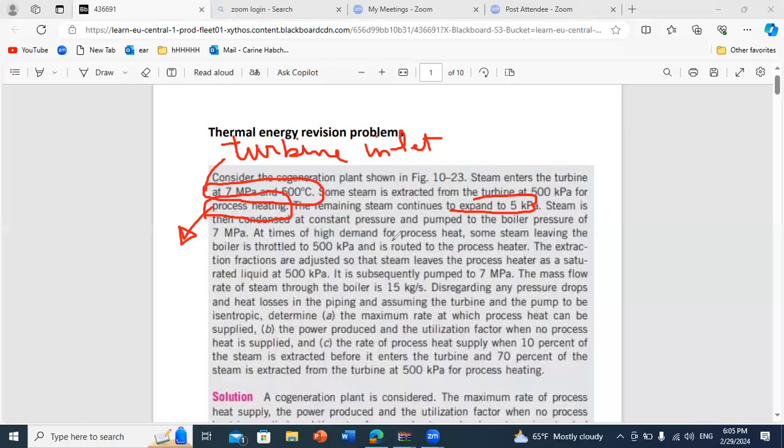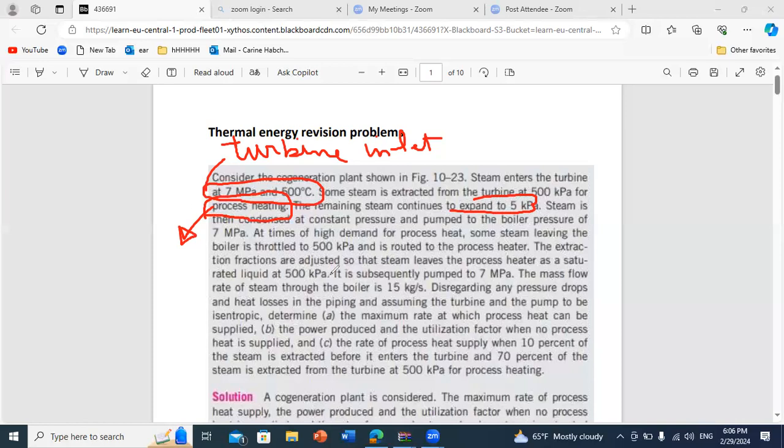At times of high demand, in this problem, we'll put equipment in a way to control the percentage of process heat and the percentage of electricity. Depending on the load, we'll decide what fraction should pass by the turbine and what fraction should go to the process heater. So at times of high demand for process heat, some steam leaving the boiler will be throttled to 500 kilopascal and is routed to the process heater.